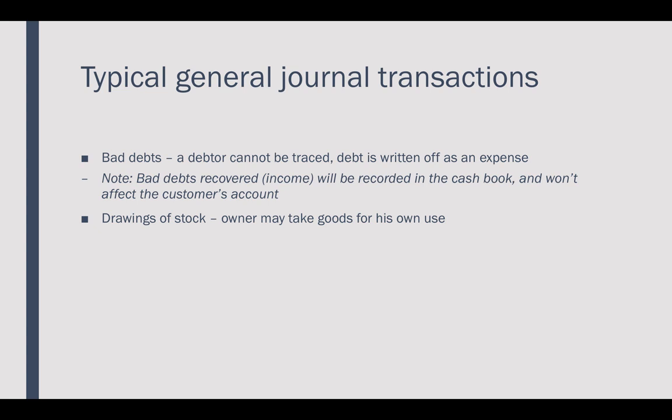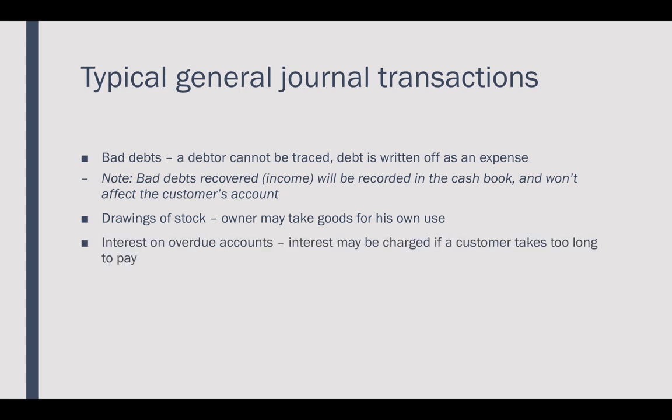Another typical transaction is where there's drawings of stock, where the owner might take goods for his own use. This obviously affects drawings, and it could affect merchandise or purchases. Similarly, if he decided to take an old computer, you could say debit drawings, credit equipment. There are a variety of transactions that could be used over here.